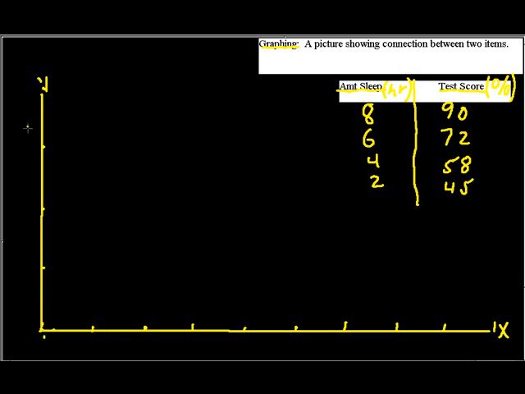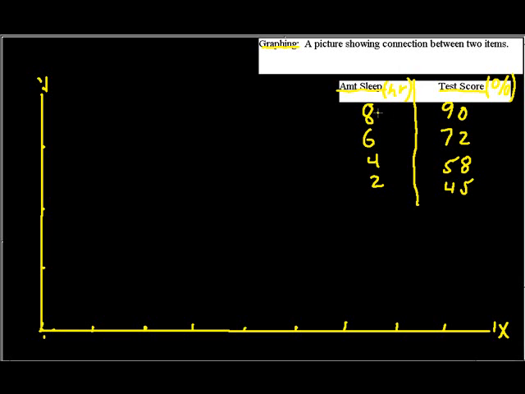Now, the y-axis is going to be the value that depends upon what the x value setting was. The best way to illustrate that is that in this example, we're suggesting that the amount of sleep is going to impact the test score. In other words, the test score is dependent upon the amount of sleep.